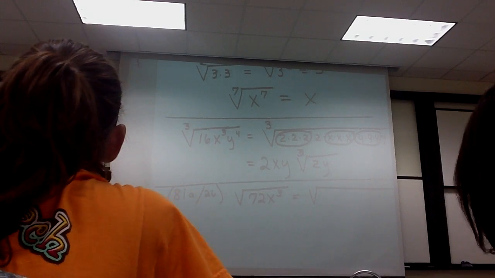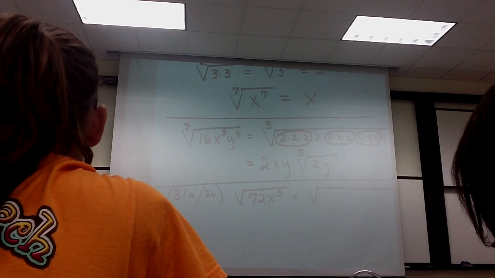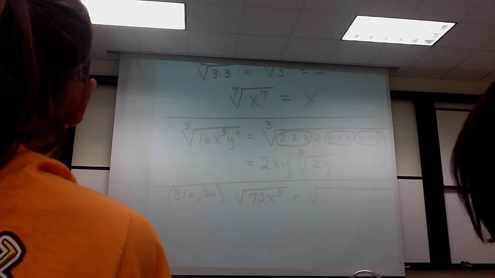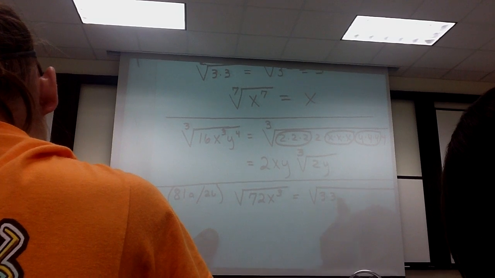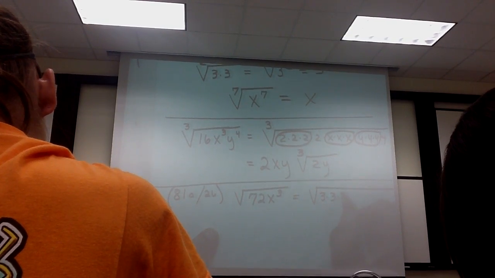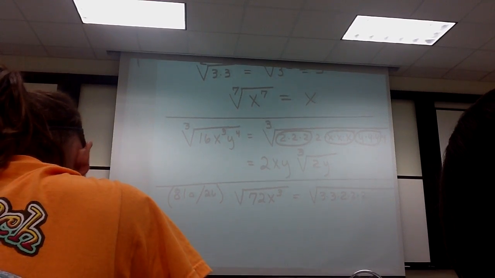What times what? 9 times 8, right? Most people think 72 and it's a 9 times 8. So do that. 9 is 3 times 3, times 8, that's 2 times 2 times 2. So it's prime factored down. And I got 3 x's.